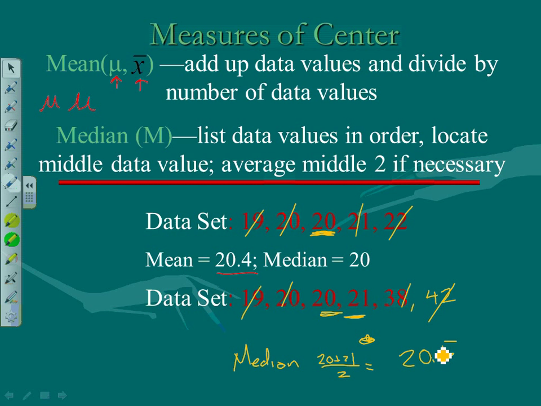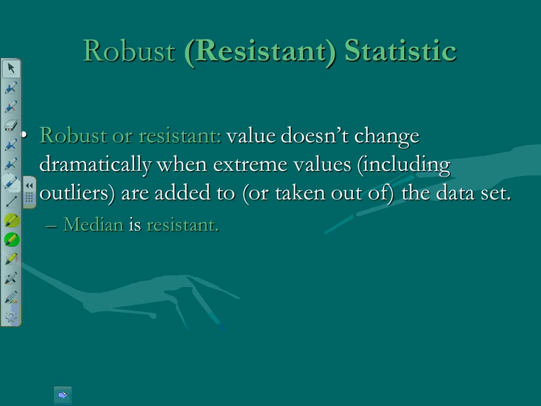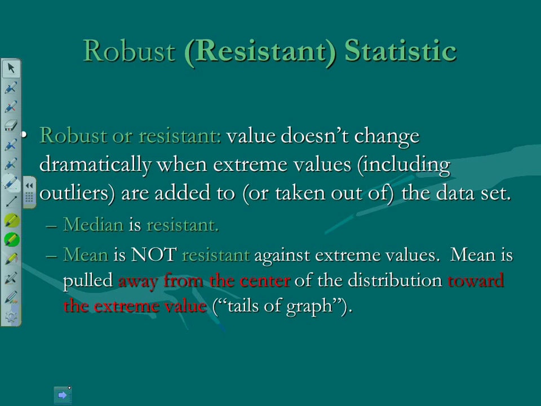We call the median a resistant statistic. It's resistant to outliers and effects of outliers on your center. Okay? Median is resistant. We call the mean not resistant because the mean is affected by outliers.